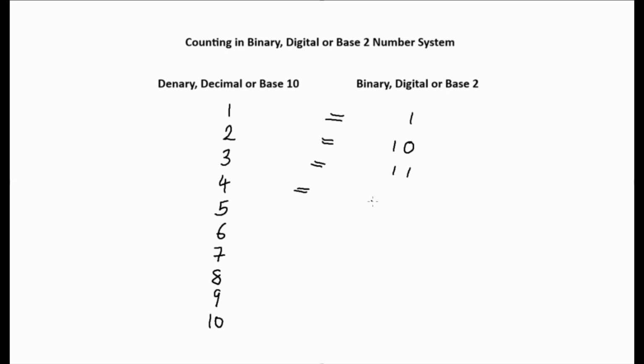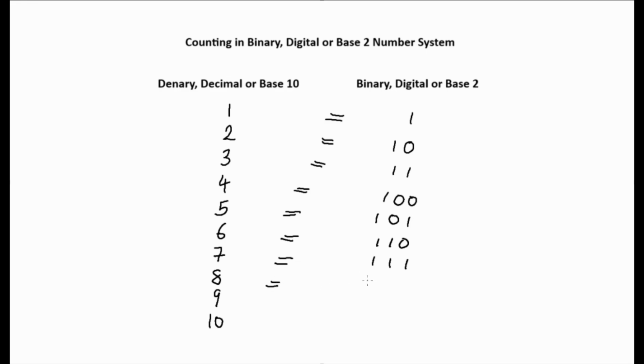Then for 4, 4 is going to be equal to 1, 0, 0. And then 5 is going to be equal to 1, 0, 1. And then 6 is going to be equal to 1, 1, 0. Then 7 is going to be equal to 1, 1, 1.